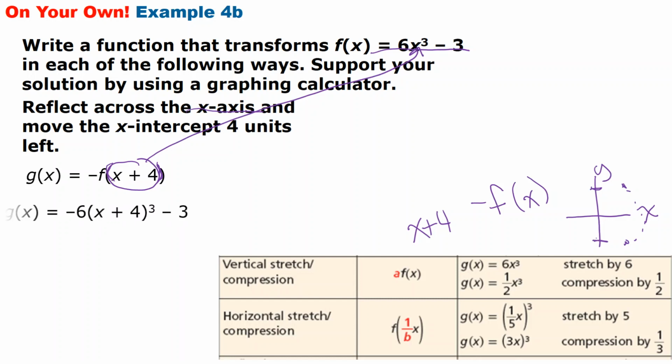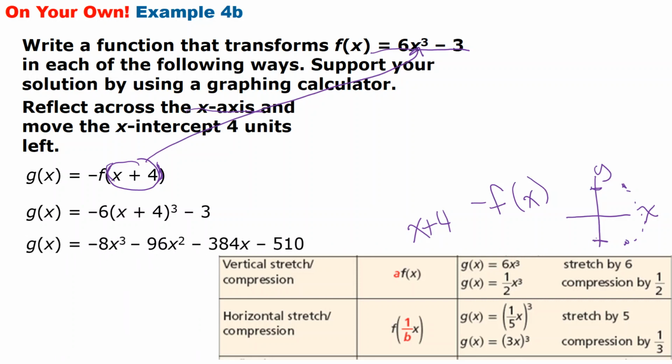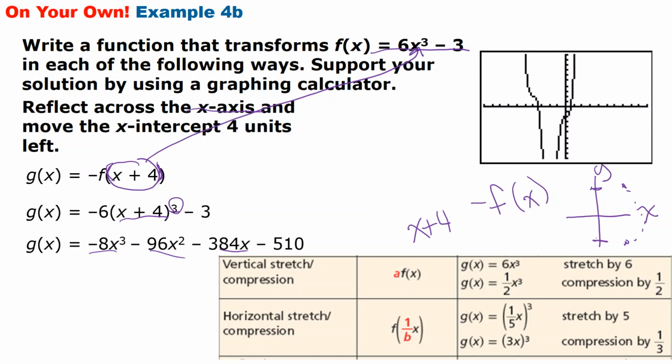There it is. This is why I didn't make you work it out, because this would be x plus 4 cubed. Then you have to multiply all that by 6 and then subtract 3. You can see it gets pretty long. But when you put it in your calculator, you should have gotten something like that.